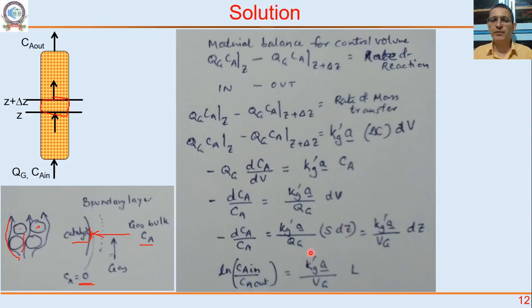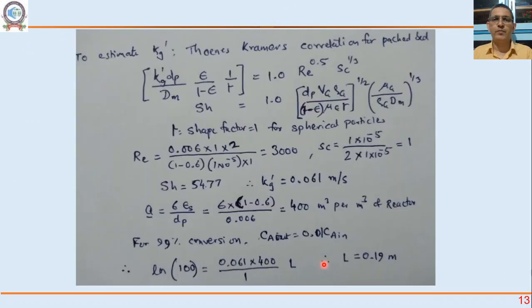Solve this for yourself. I need to know how I get this Kg prime A. Correlations. So Thoenes and Kramers' correlation for a packed bed, this is the correlation: Sherwood number, Reynolds number, this is how Reynolds number is defined, and Schmidt number.